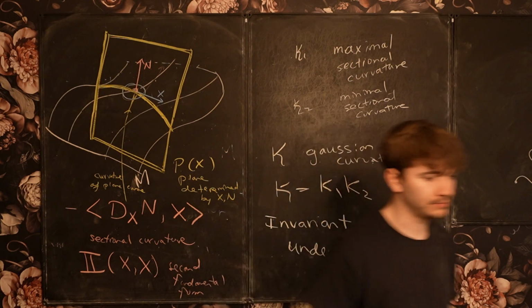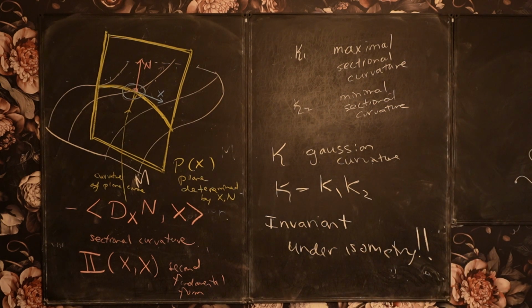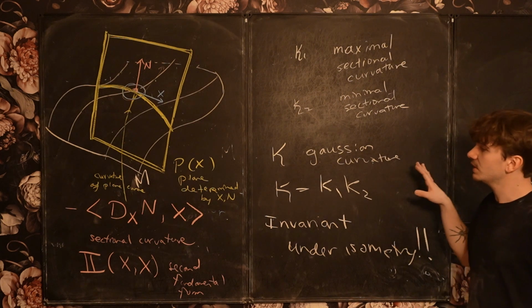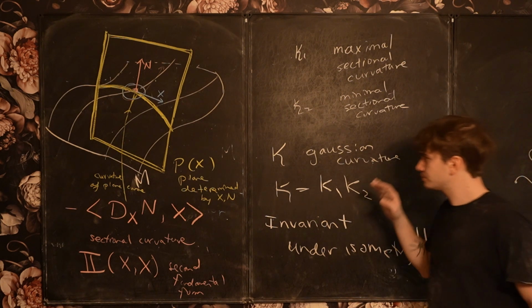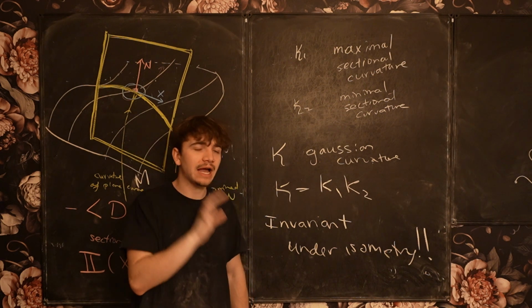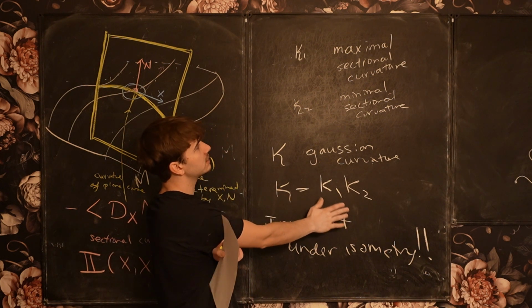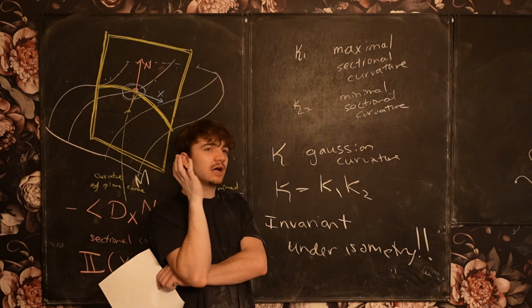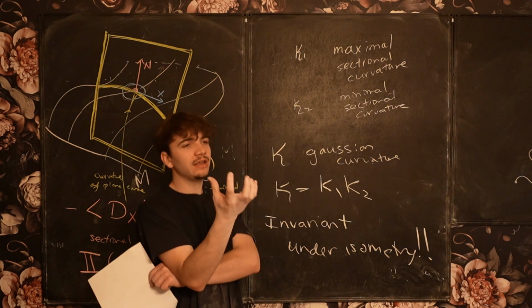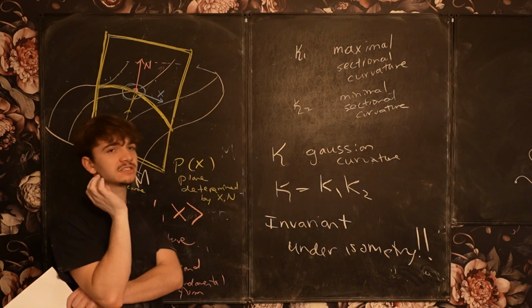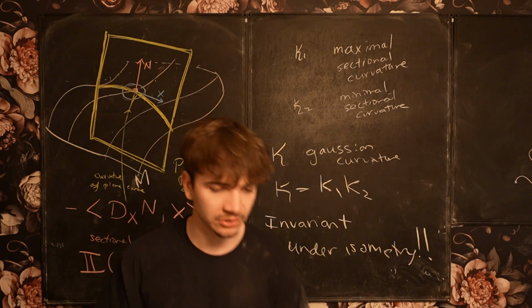Okay, what does this mean? Well, what this means is that somehow the Gaussian curvature, the product of the maximal and minimal sectional curvatures, is a geometric invariant which doesn't depend on the way that this surface is embedded in three-dimensional space.